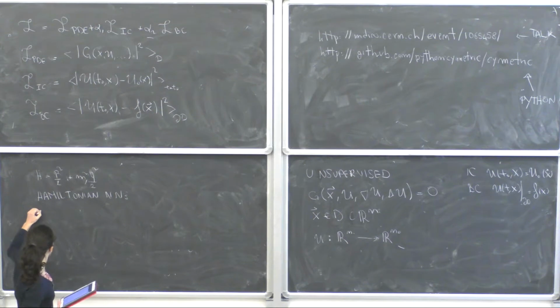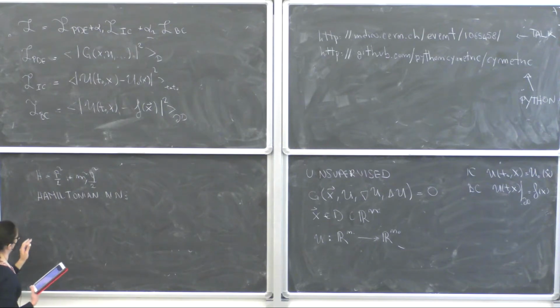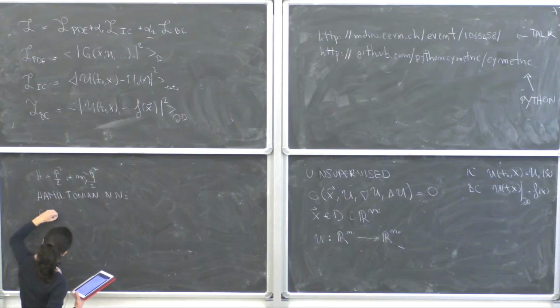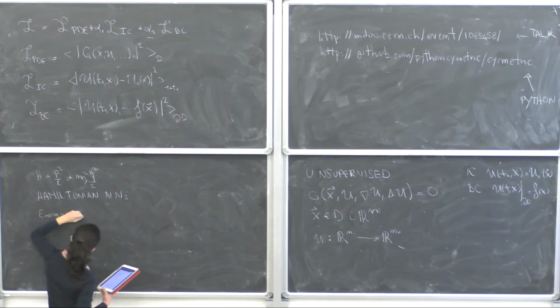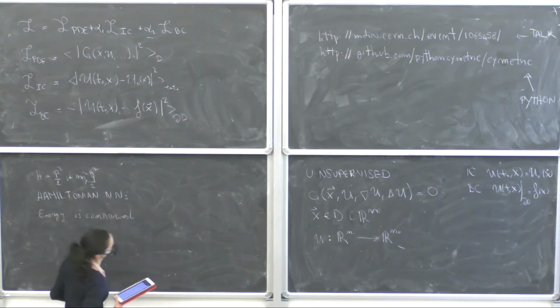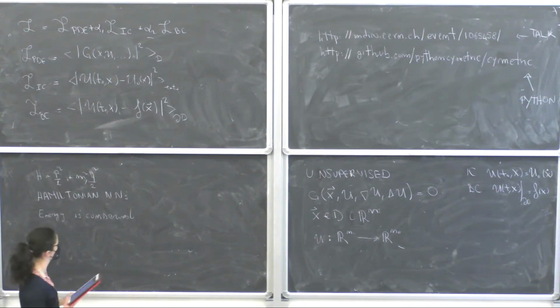What you are actually assuming is that your energy is conserved. They do not say it explicitly, but I do not think that you can actually use it in a system where the energy is not conserved.